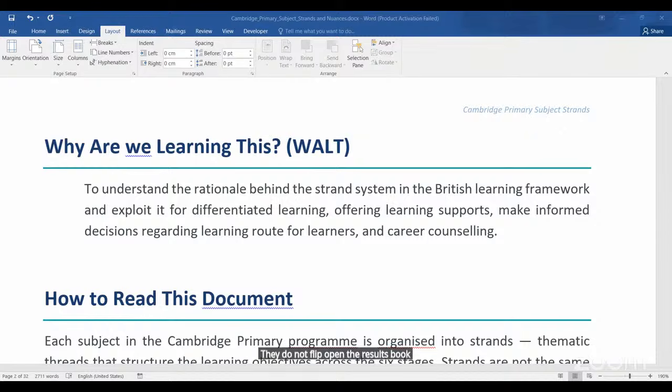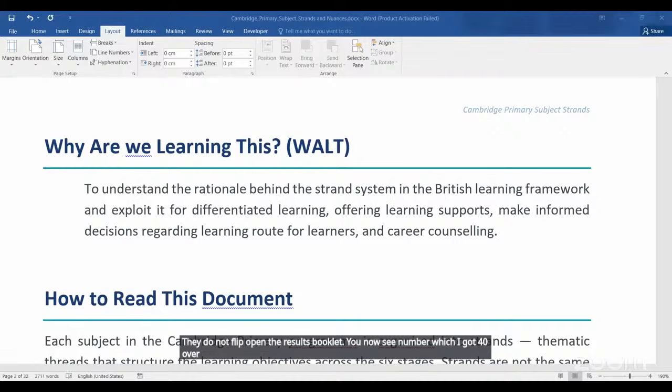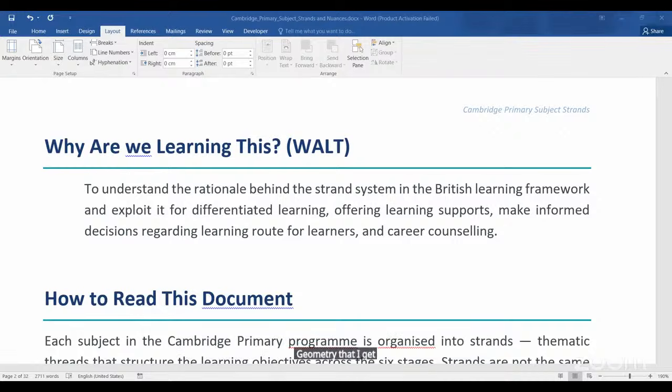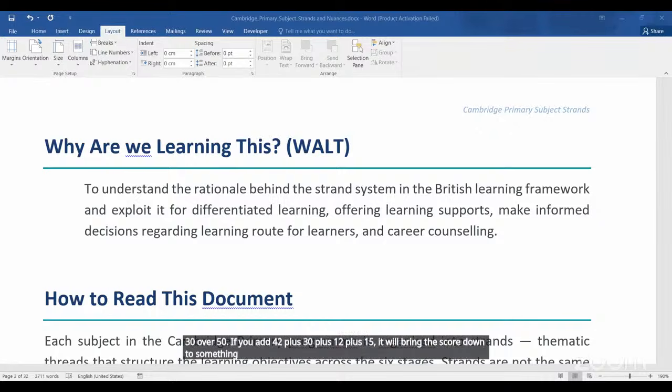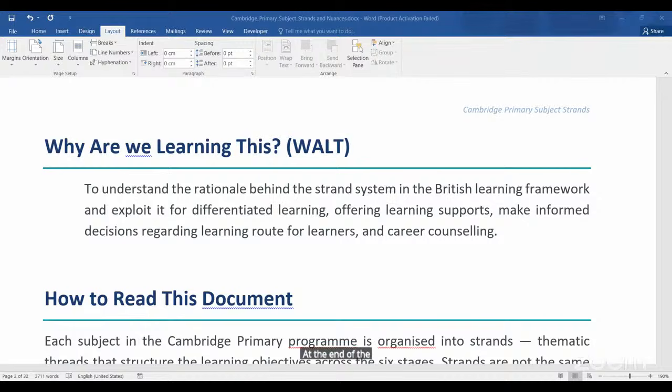You see number: the child got 40 over 50. Geometry, the child got 12 over 50. Algebra, 14 over 50. Statistics, the child gets about 30 over 50. If you add 42 plus 30 plus 12 plus 15, it will bring the score down to something. At the end of the day, if the child scored 30 over 60, the child did not do well.